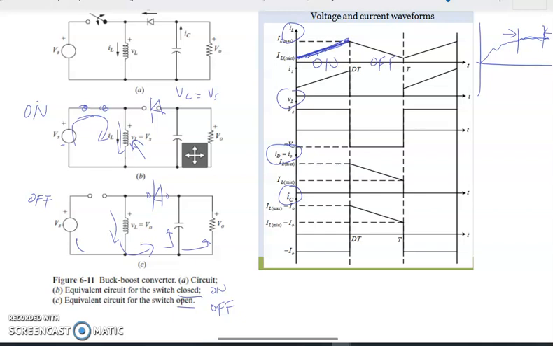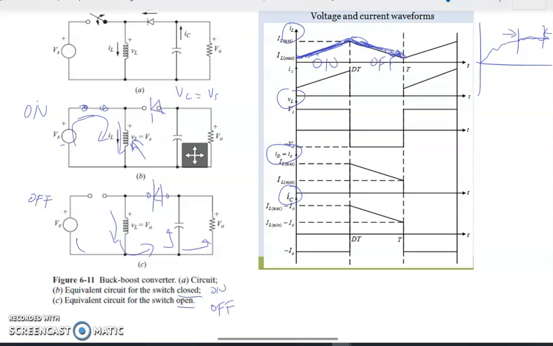So it still disperses the remaining current into the capacitor and down the other branch. It flows down from the maximum current contained inside the inductor to the minimum current.